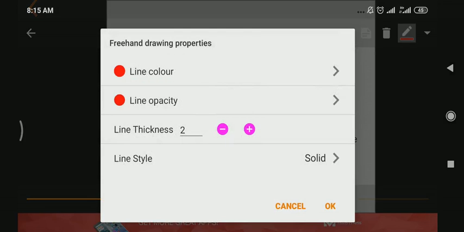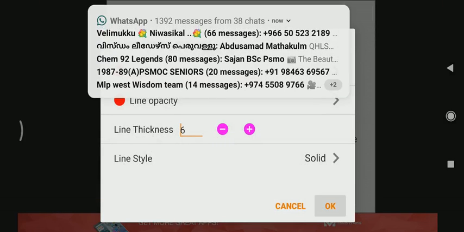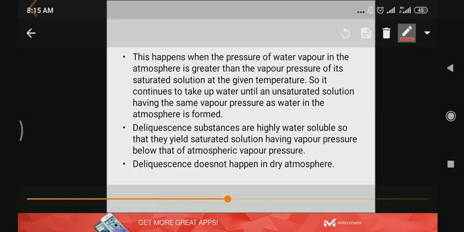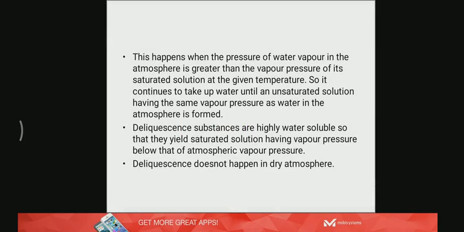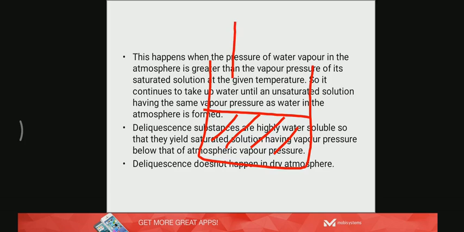That means, for example, let's see, we have a deliquescent substance in this beaker. For example, it is NaOH solid. In the atmosphere, there is water vapor, and this vapor pressure of water is more than the vapor pressure of the saturated solution of NaOH.